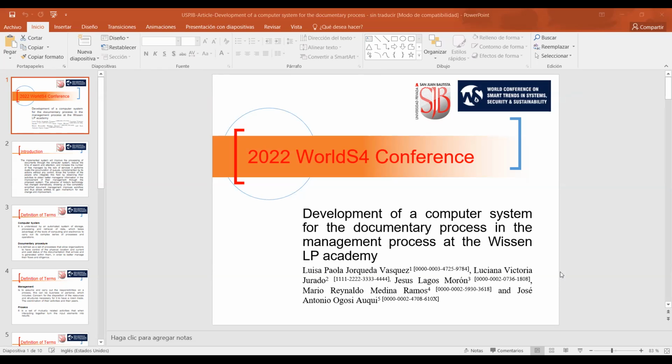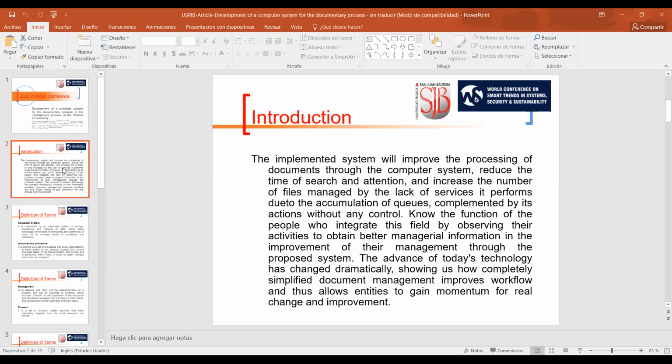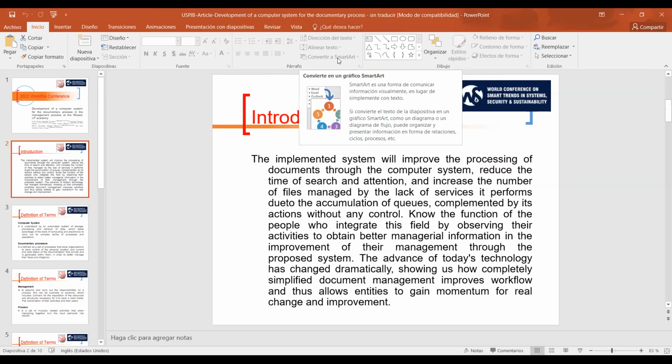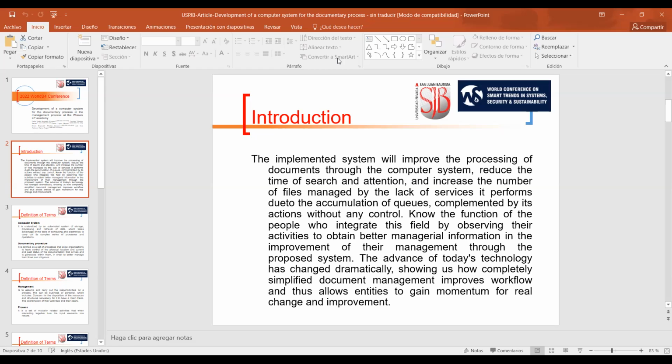In this opportunity, the implemented system will improve the processing of documents through the computer system, reduce the time of search and attention, and increase the number of files managed. This addresses the lack of service caused by the accumulation of files complemented by their actions without any control.